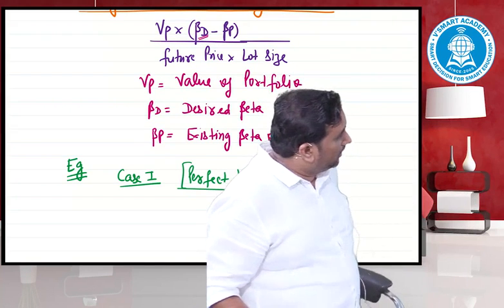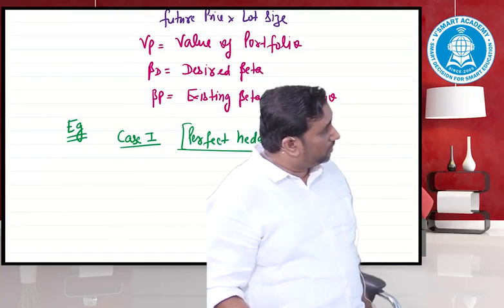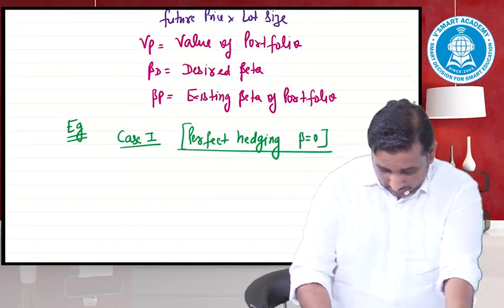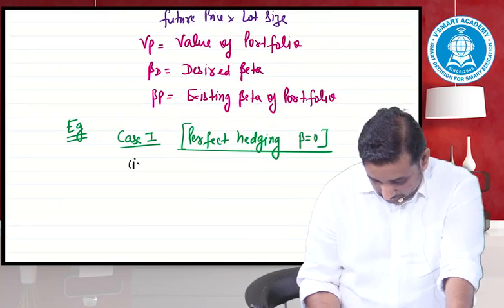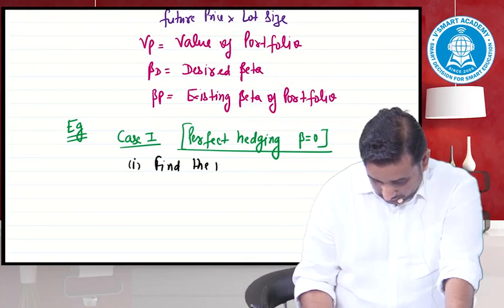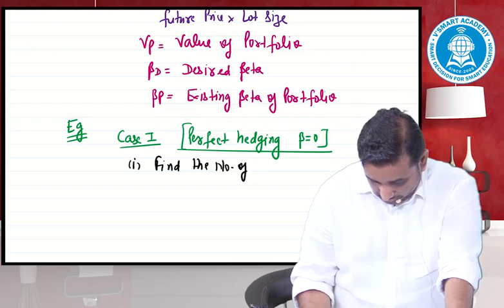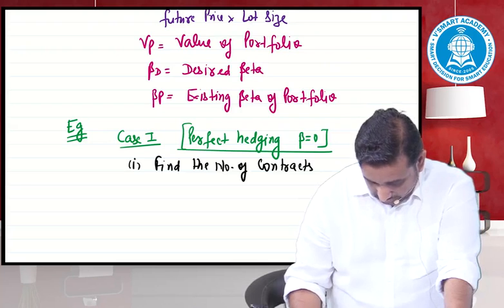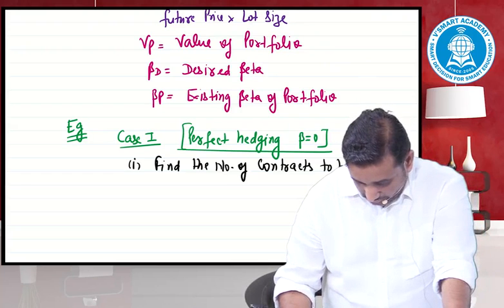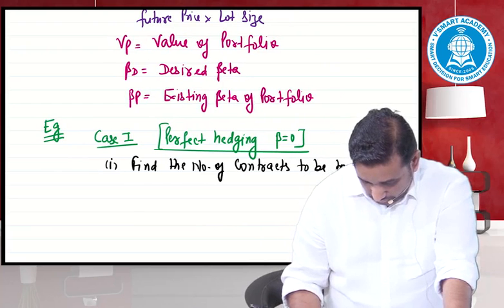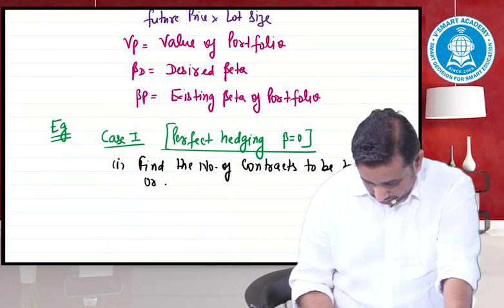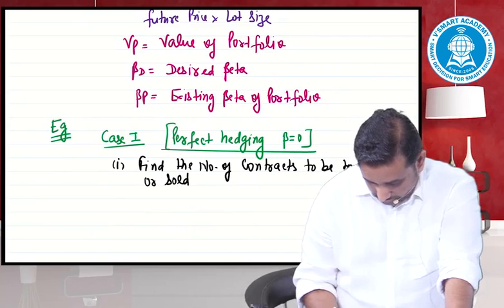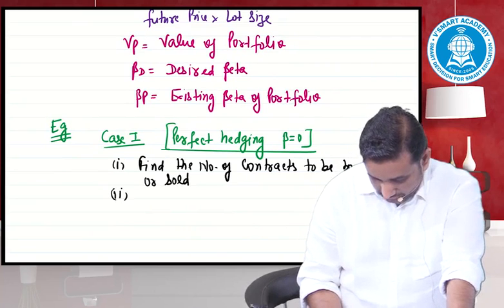First part, find the number of contracts to be bought or sold.